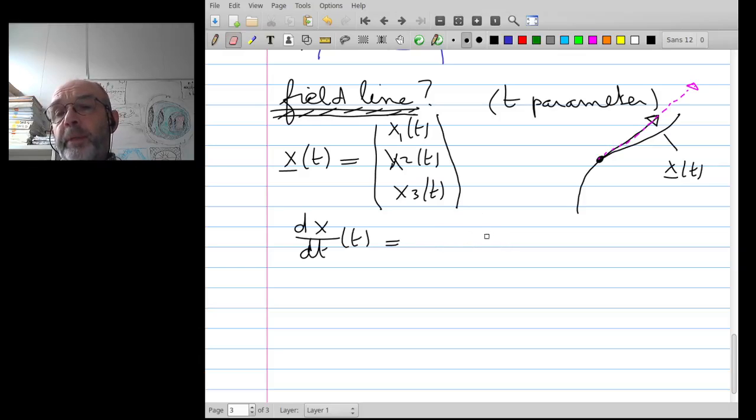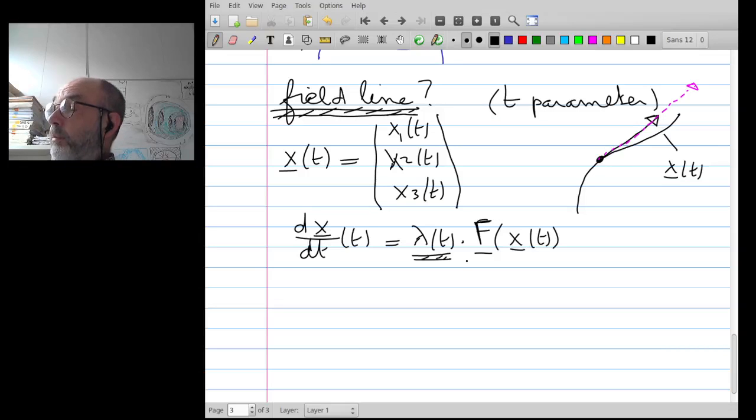Now put some function lambda(t) and multiply it by the vector field. And this one here gives the difference between the derivative of the field line, so the velocity vector, and the vector field vector.